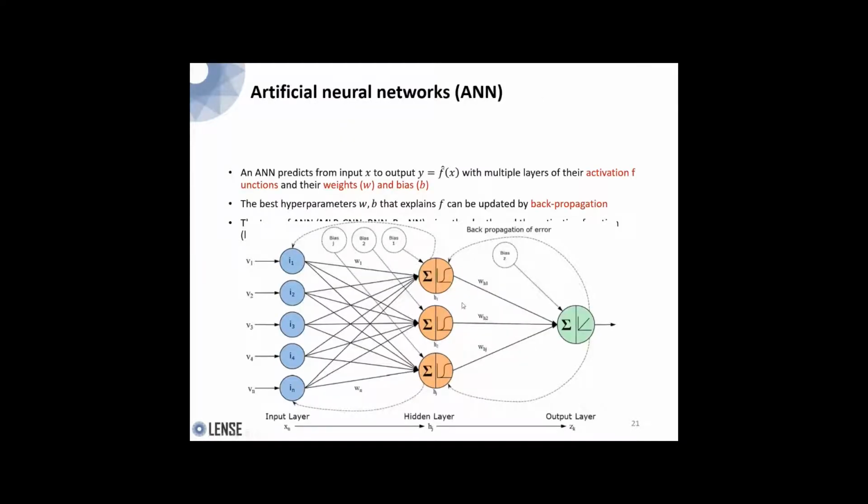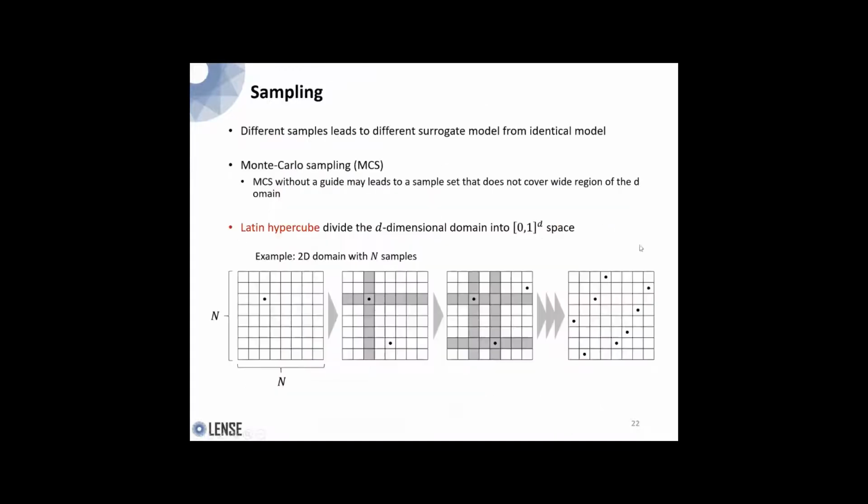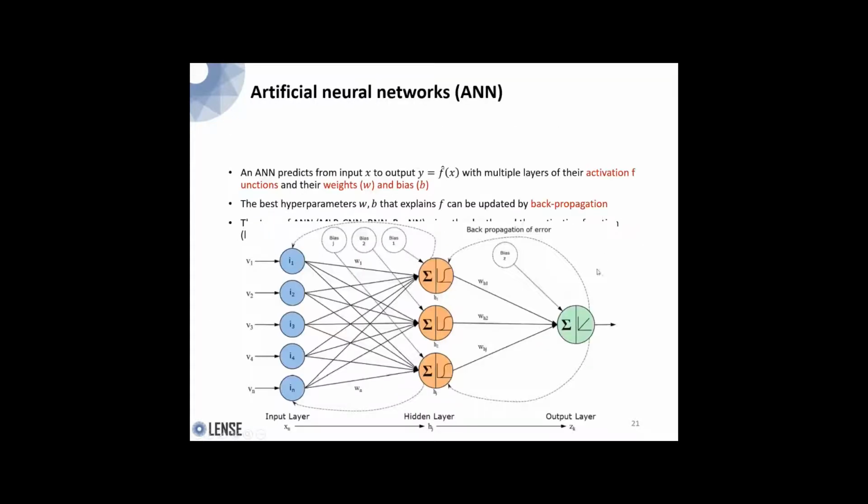So we looked at the series expansion model. We looked at the kriging model, and now the final model that people use quite a bit is the artificial neural network. I'm sure all of you have seen this somewhere.